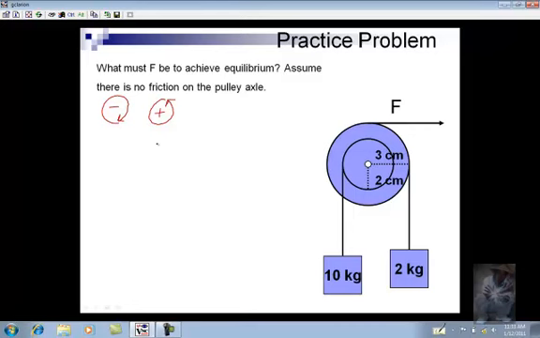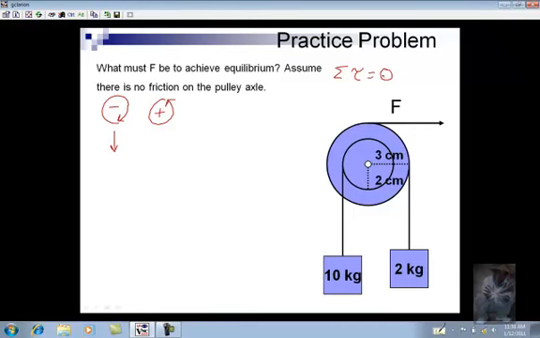It says, what must F be to achieve equilibrium? Equilibrium is when the sum of the torques, if we add up all the torques, equals what?